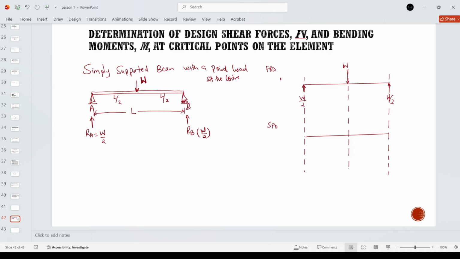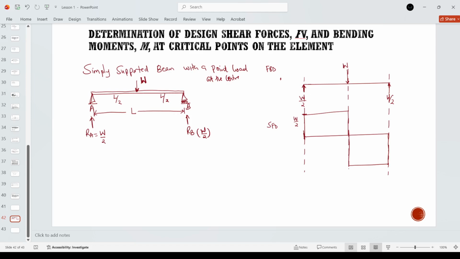Shear force diagram. So we'll have it increasing by W over 2. Then you have it maintaining a constant W over 2, dropping by W over 2. That way, isn't it?